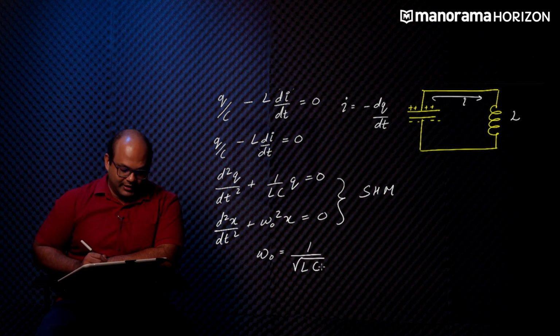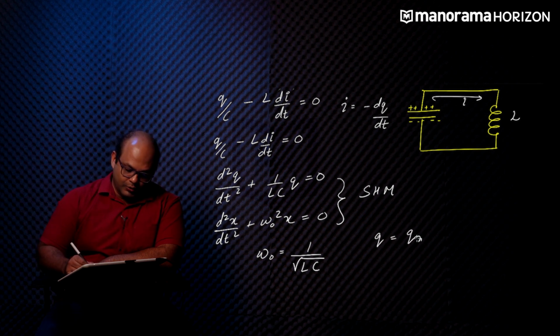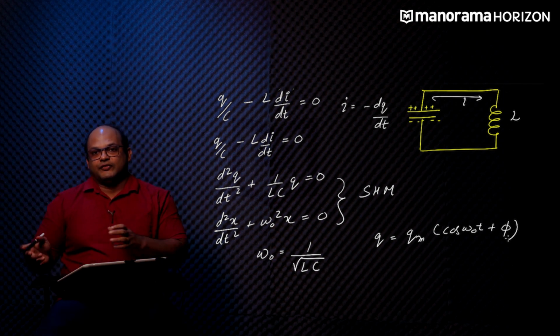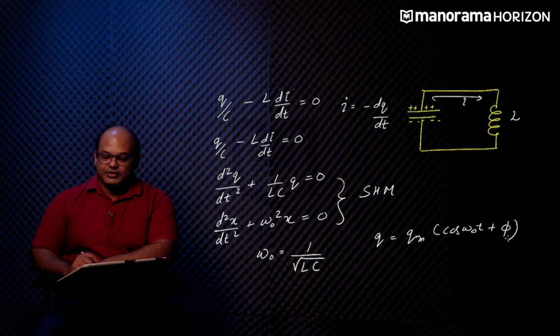And we can also say that the charge being developed, or the variation of charge with time, is given as Q is equal to Qm cos of omega naught t plus phi, where omega naught again is the characteristic frequency of the system and phi is the phase angle or the phase difference between the variation of charges.